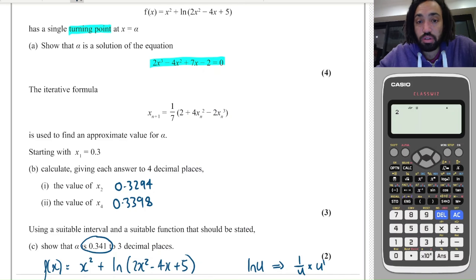So if I sub those into my calculator, I'm just going to have to check what the function was. Yeah, so it's 2 lots of 0.3405 cubed, and then minus 4 lots of 0.3405 squared, and then plus 7 lots of 0.3405, and then minus 2, and that should give you something negative and very close to 0.